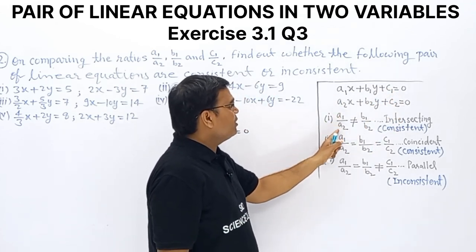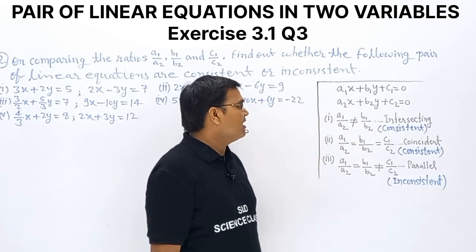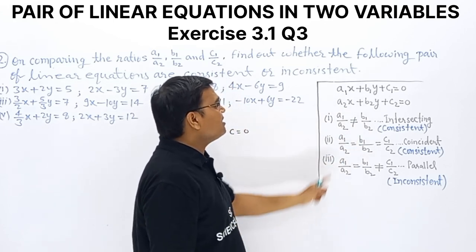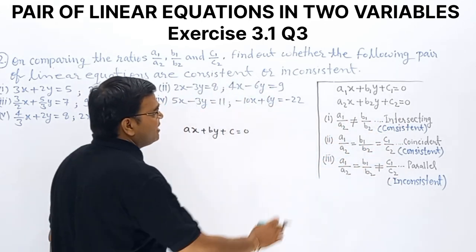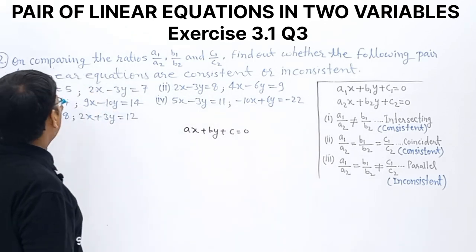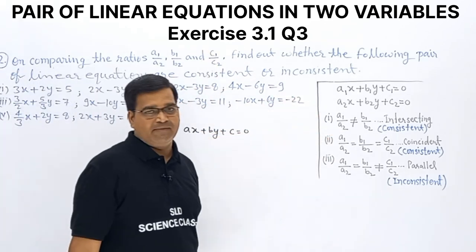Once a1 upon a2 is not equal to b1 upon b2, then we can say we are getting intersecting lines, and intersecting lines are consistent.